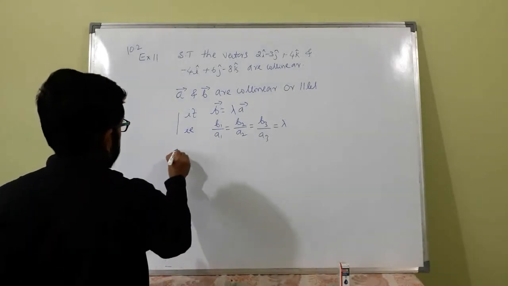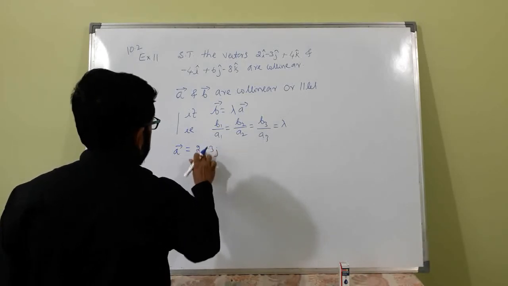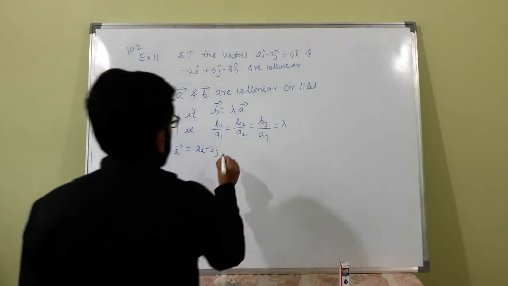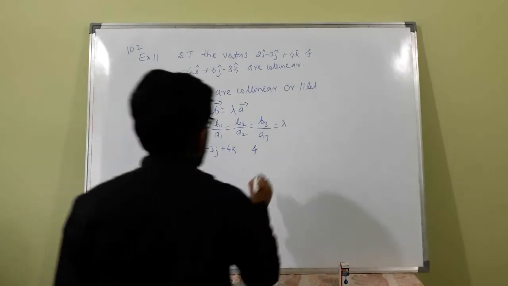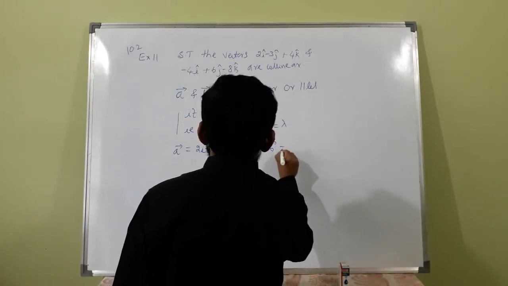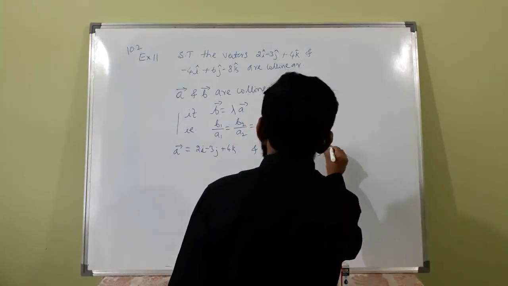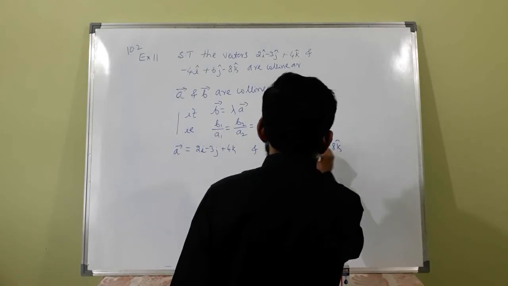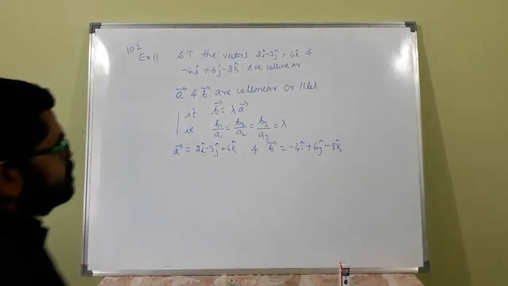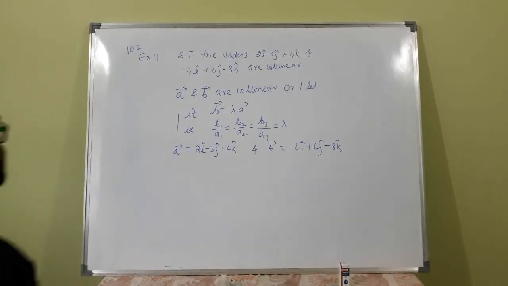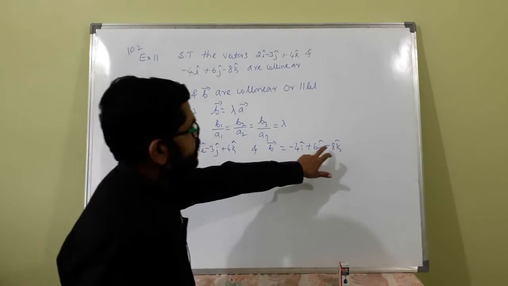So here A is 2i minus 3j plus 4k and B is minus 4i plus 6j minus 8k. The caps indicate the unit vector. Now this is A1, A2, A3, B1, B2, B3.